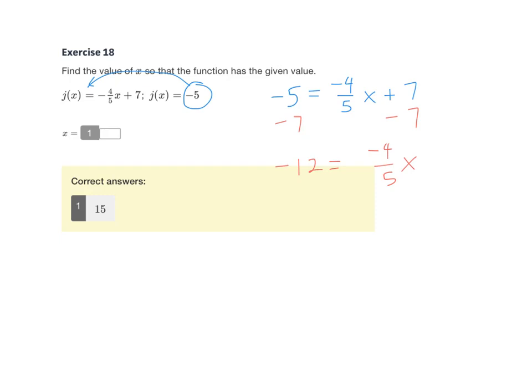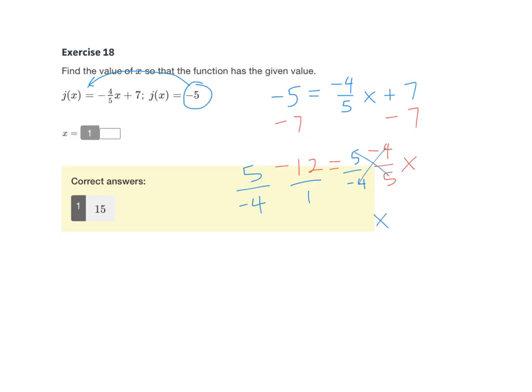Now we just talked about this, but how do we get rid of this fractional coefficient? We're going to multiply by the reciprocal. So what is the reciprocal of negative 4/5? It would be 5 over negative 4. And we're going to do that to both sides. And I'm going to put that negative 12 over 1. So on the right side, 5 over negative 4 times negative 4 over 5 would be negative 20 over negative 20.